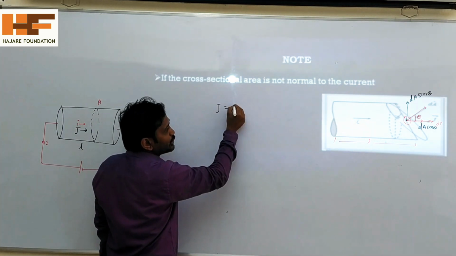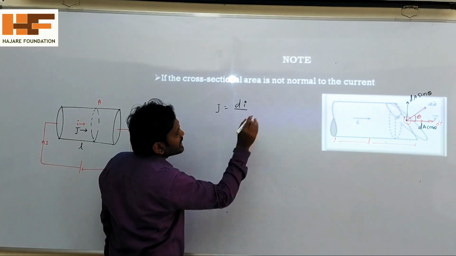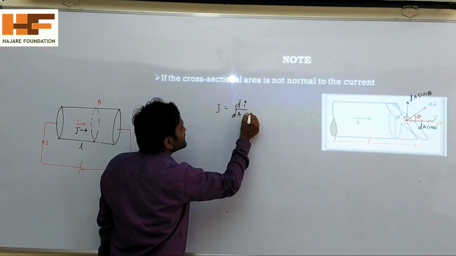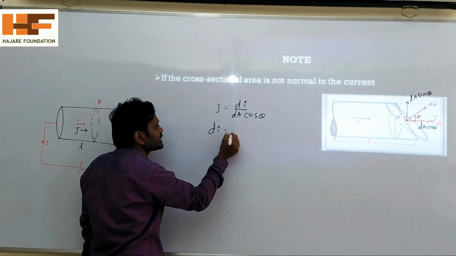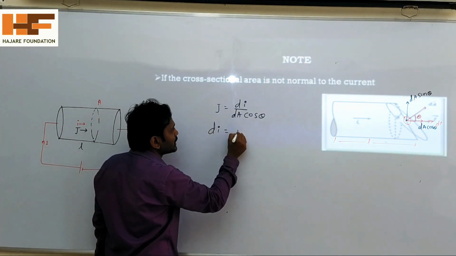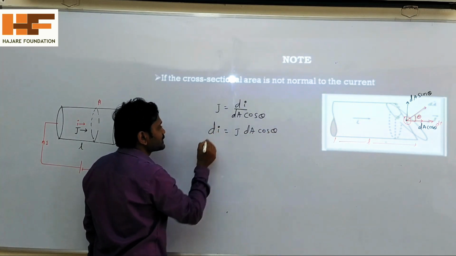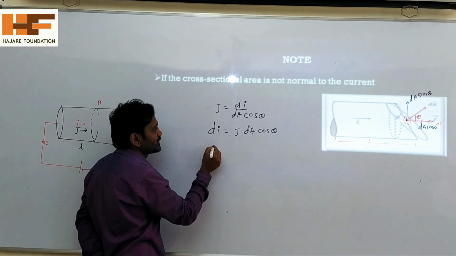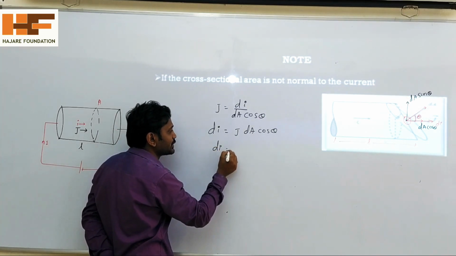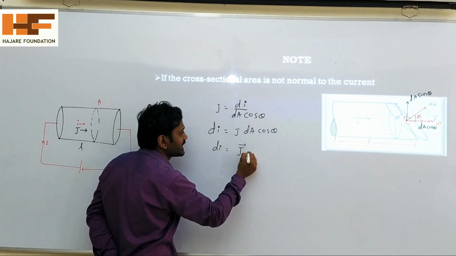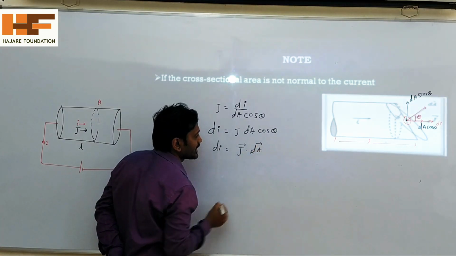Here J is equal to dI divided by dA cos theta, or we can write dI is equal to J into dA cos theta. Or we can represent this in vector form: dI is equal to vector J dot vector dA.